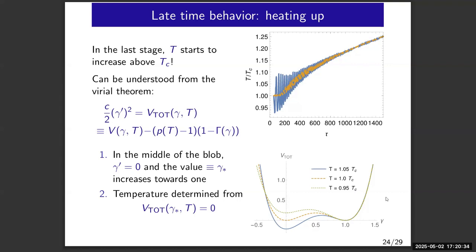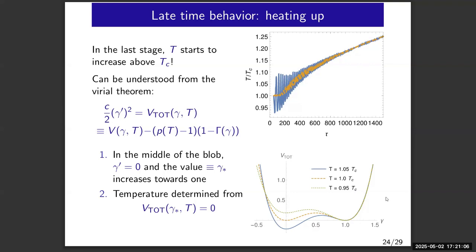So what does this mean? It means that the point where the total potential vanishes must start from 0 and increase towards gamma equals 1. If you look at these curves, the temperature at which the zero of the effective potential moves in the correct direction is above the critical temperature.